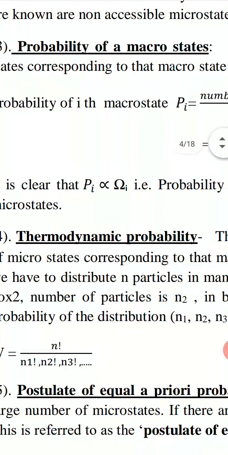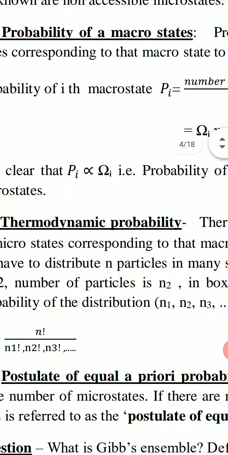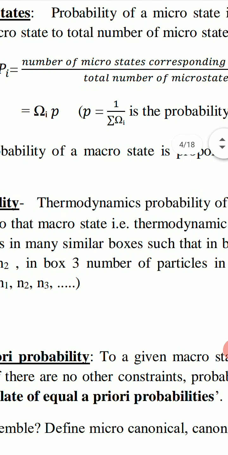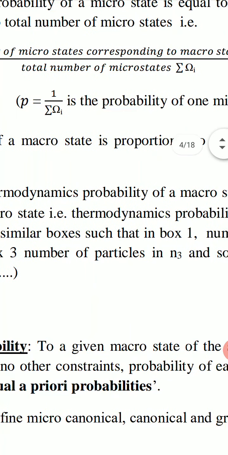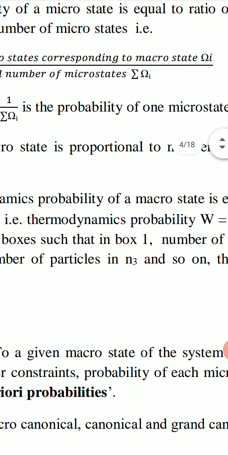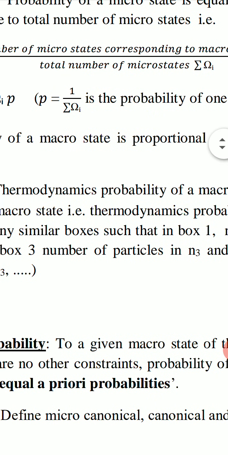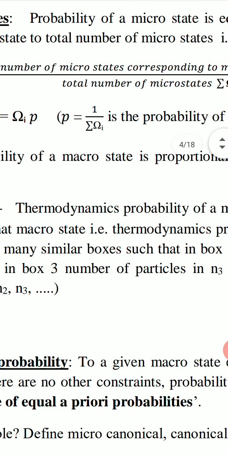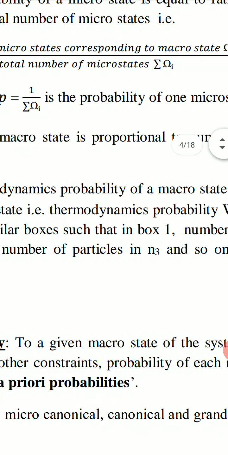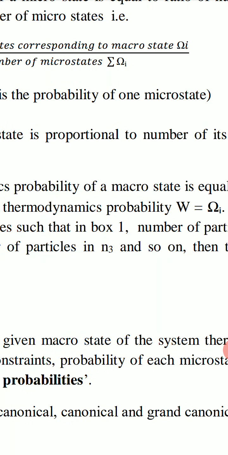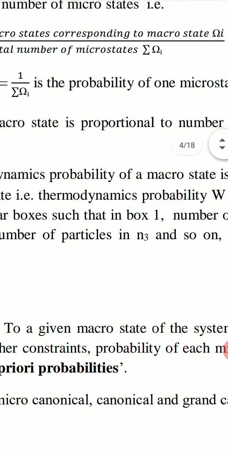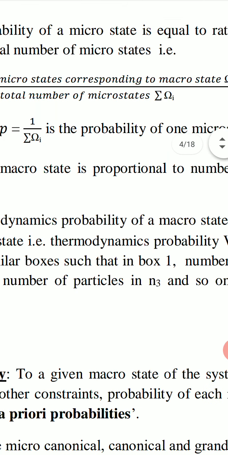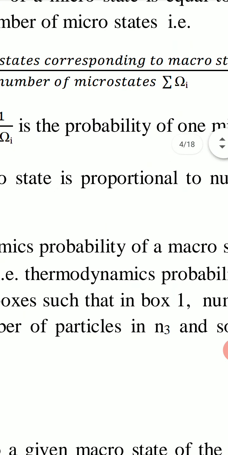That is, probability of ith macrostate Pi is equal to this ratio, number of microstates corresponding to macrostate divided by total number of microstates. So it is the ratio of number of microstates corresponding to that macrostate, which we write by omega i, and total number of microstates, which we write as summation omega i.